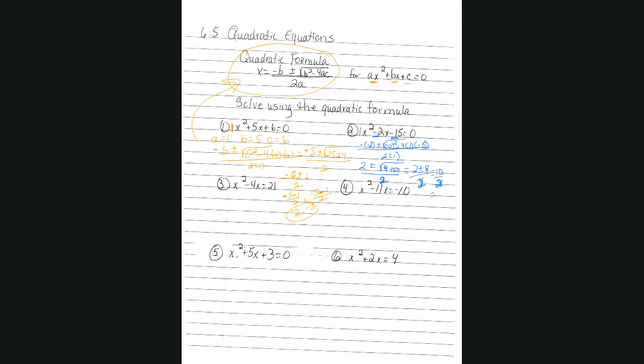That will give you 5. And then you have to do it where it's 2 minus 8. And that will give you over 2, 6 over 2. So that answer would be negative 3. So the answer is negative 3 and 5.